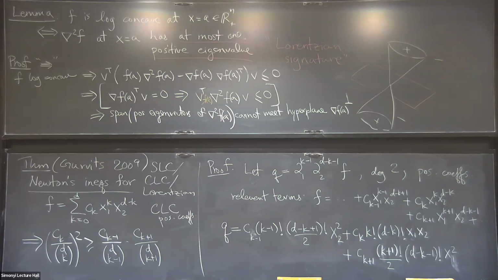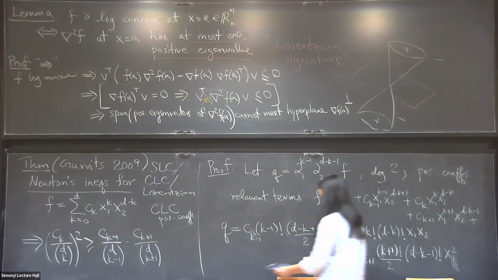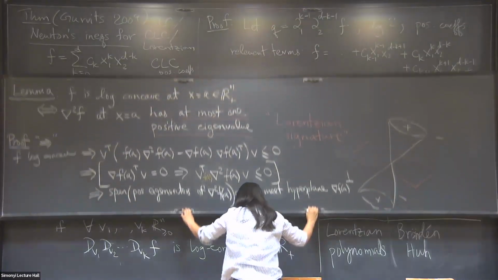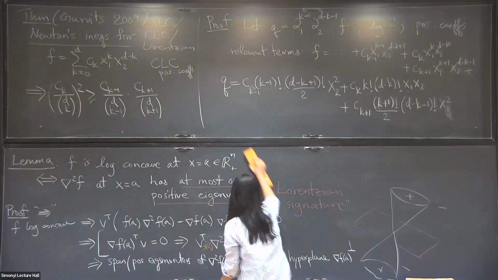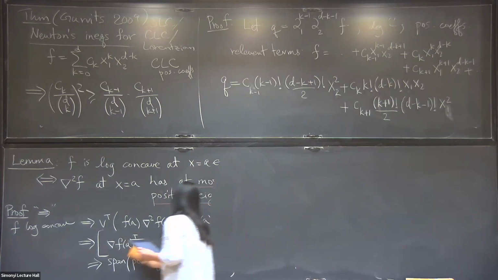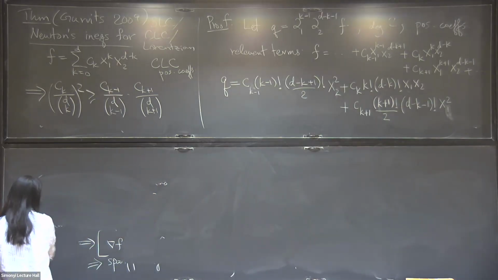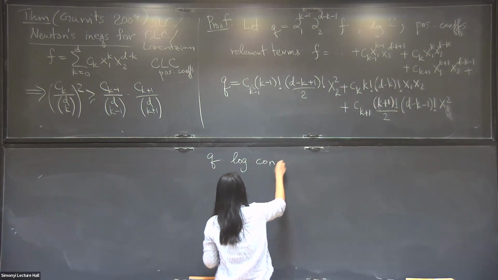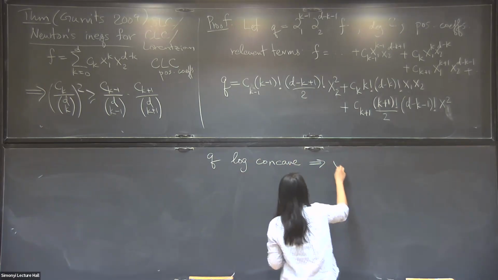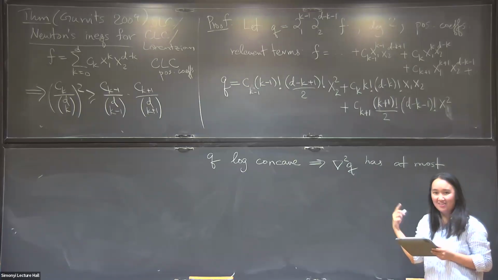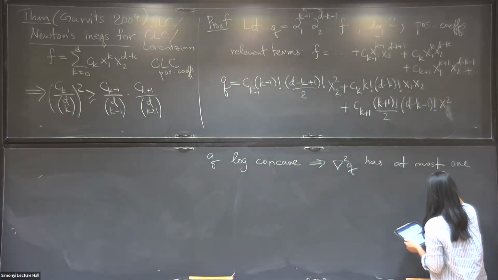Okay. This quadratic form is log-concave. So Q is log-concave by assumption, which implies that the Hessian, a 2 by 2 matrix, has at most one positive eigenvalue.